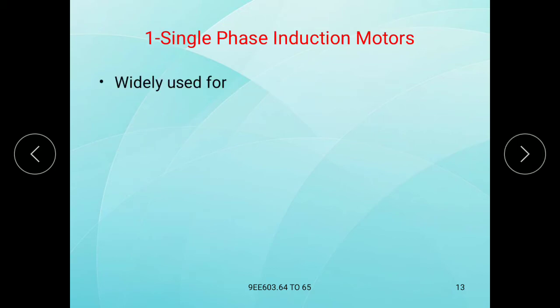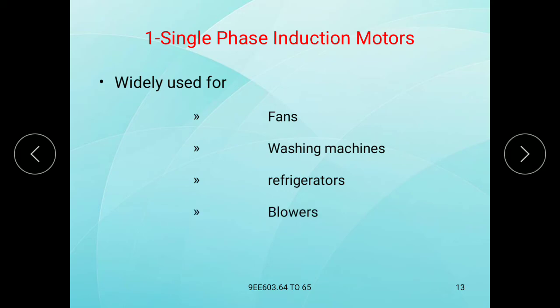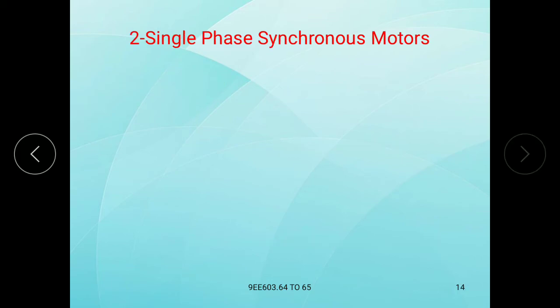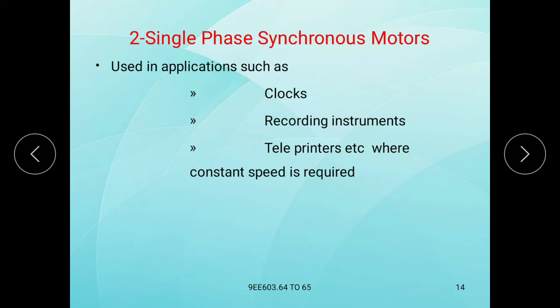They are widely used for fans, washing machines, refrigerators, blowers, centrifugal pumps, toys, hair dryers, etc. Single phase synchronous motors are used in applications such as clocks, recording instruments, teleprinters, etc., where constant speed is required.